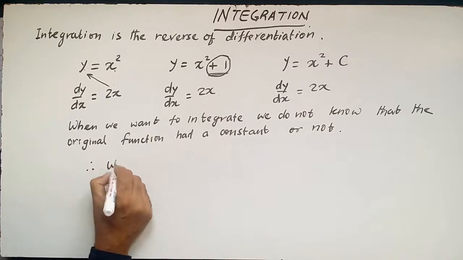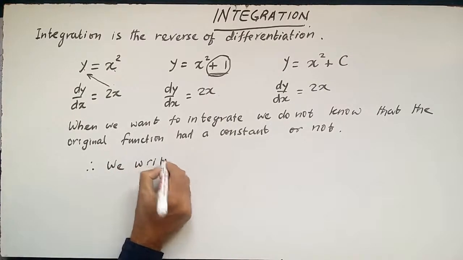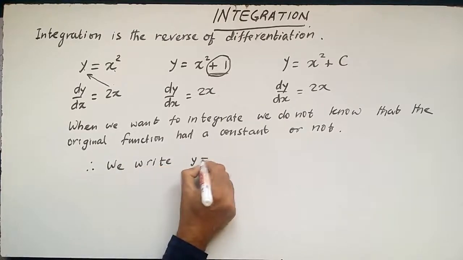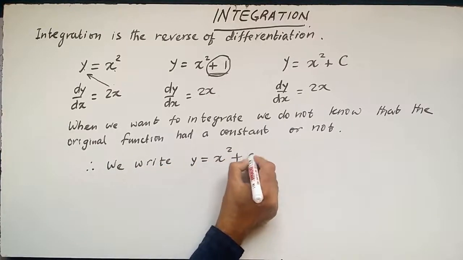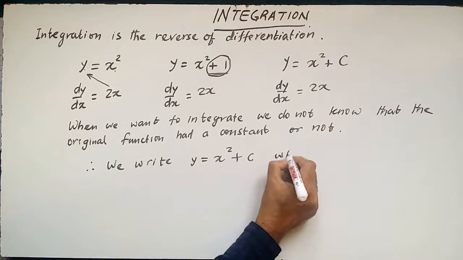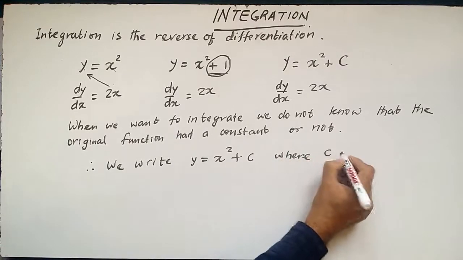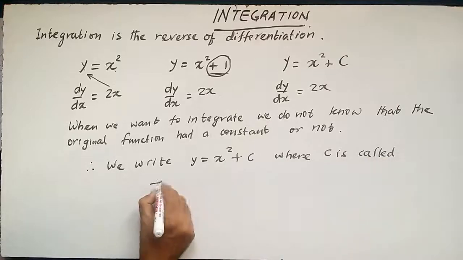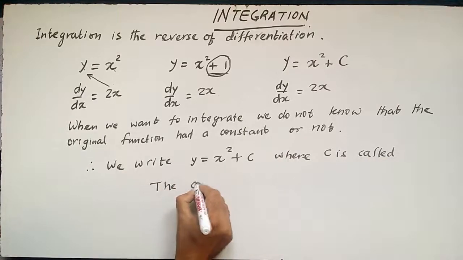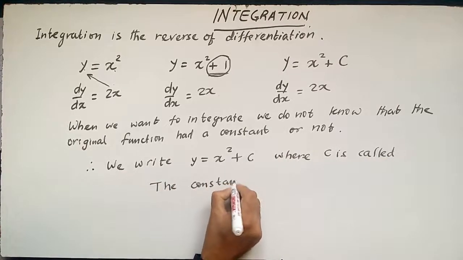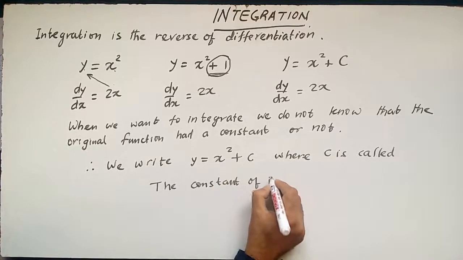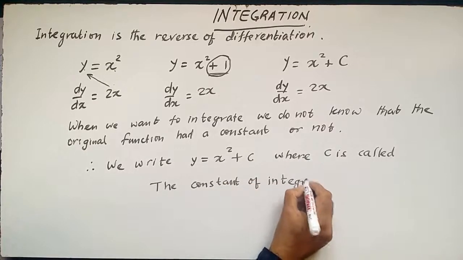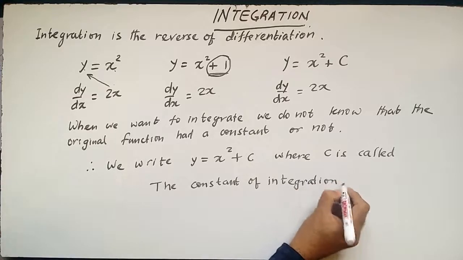Therefore, we write y equal to x squared plus c, where c is called the constant of integration.